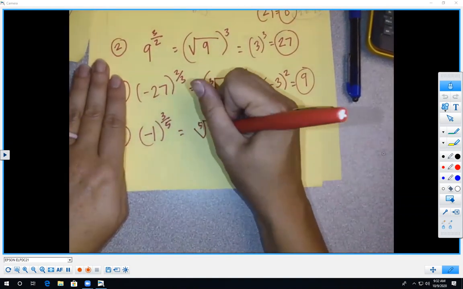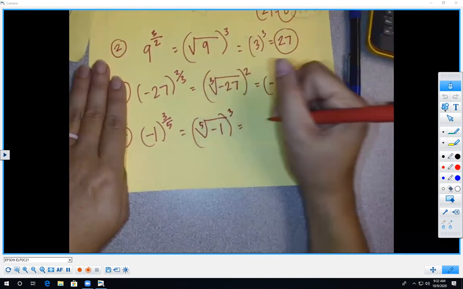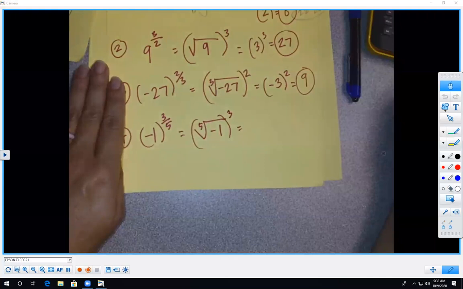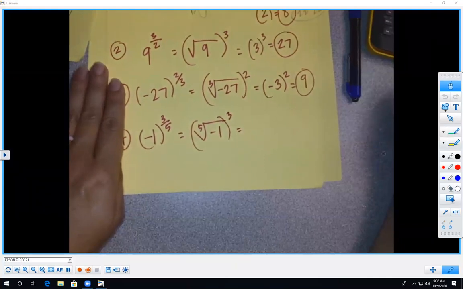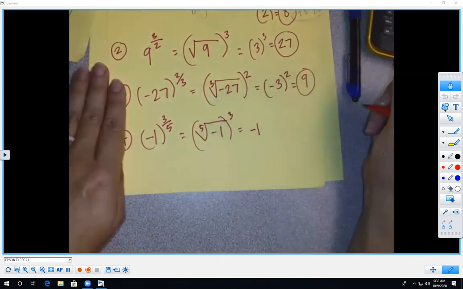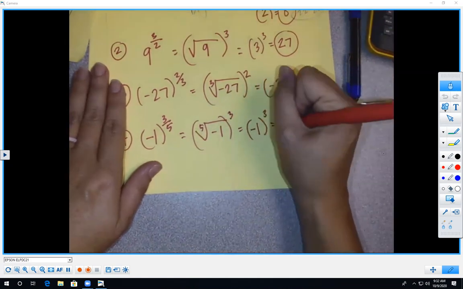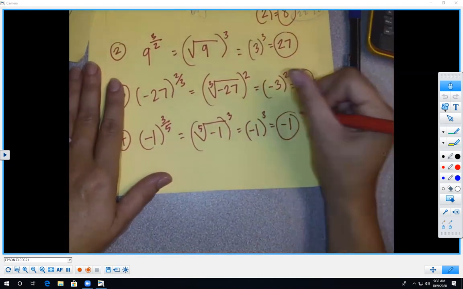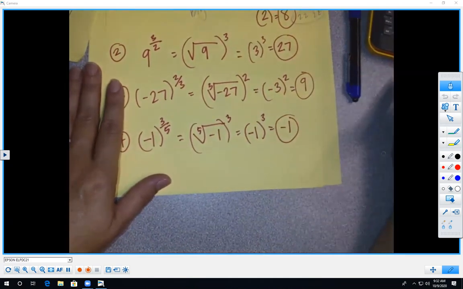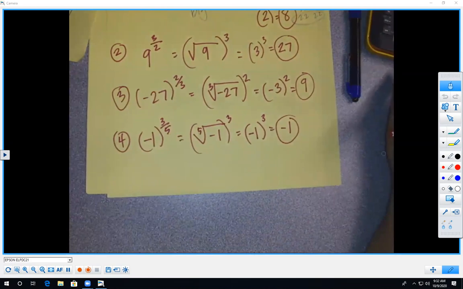So it's the 5th root of -1, and then I want to raise that to the 3rd power. What's the 5th root of -1? Just -1, right? It's an odd root, so I can just put the negative on it. And then when I raise that to the 3rd power, what's -1 to the 3rd power? Just -1. Questions about that?